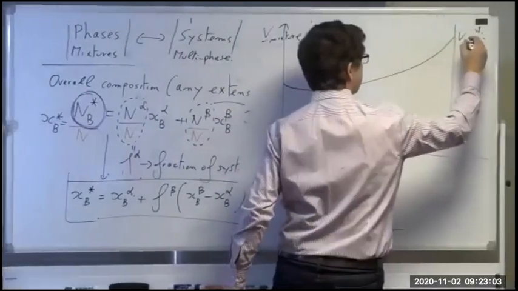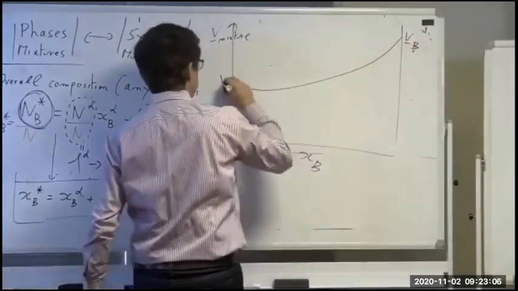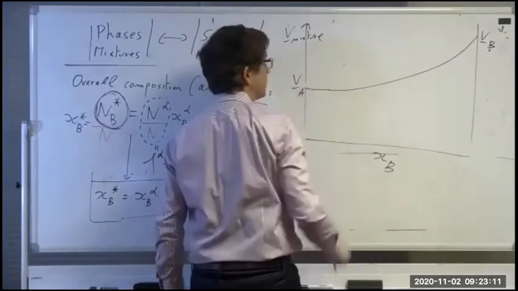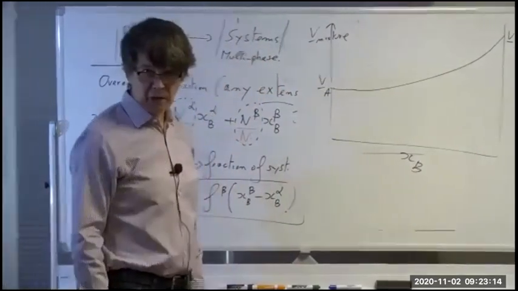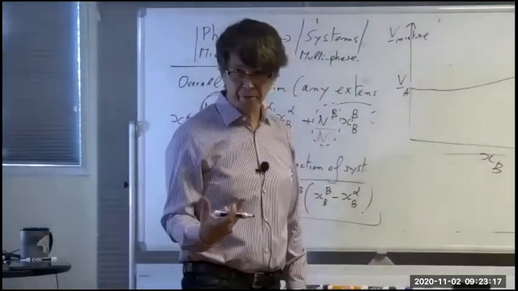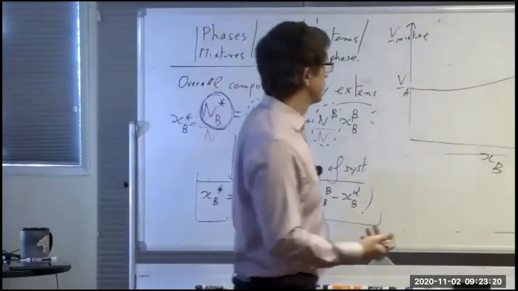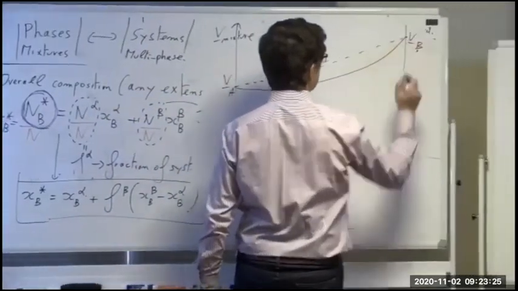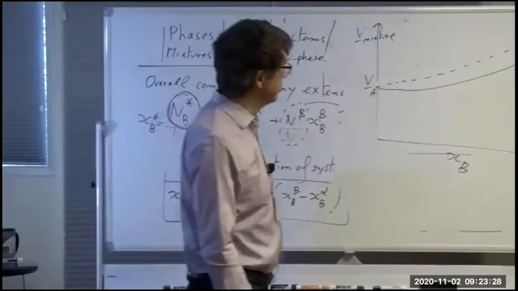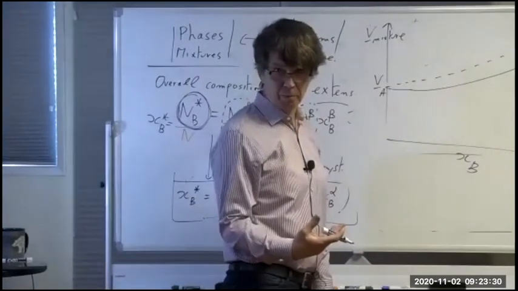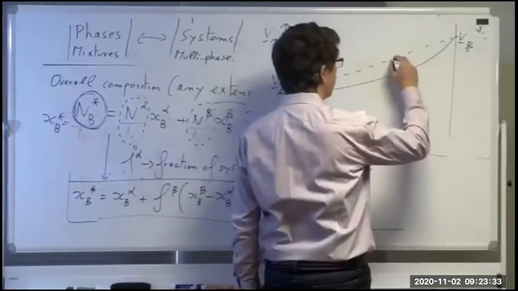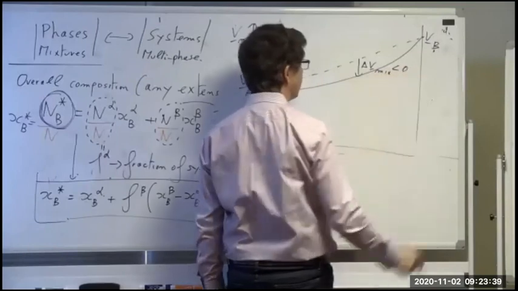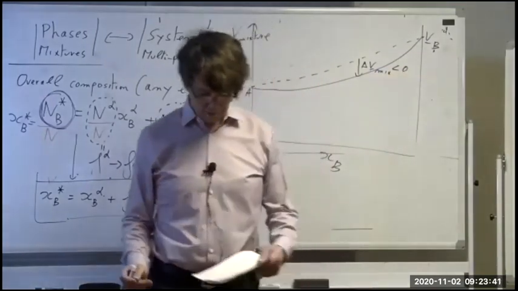Here I have the volume of B, here I have the volume of A. It tells you right away that this material has a negative volume effect upon mixing, because the chord would give me the volume before I mix of the components in the right amount. So anywhere, I would see a volume of mixing that's negative. So there's a contraction effect as I mix things together.